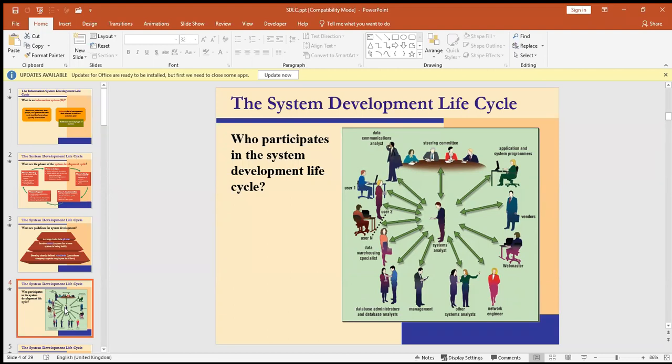Then when you look at the steering committee, actually it is assumed to be the team of technocrats that are behind the entire process of information system development from start to completion.